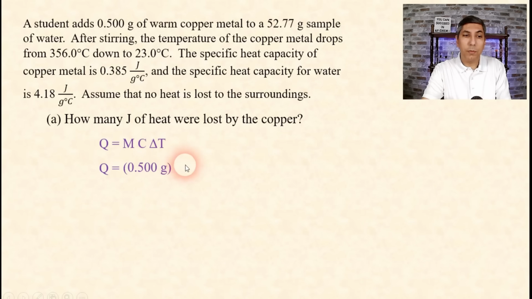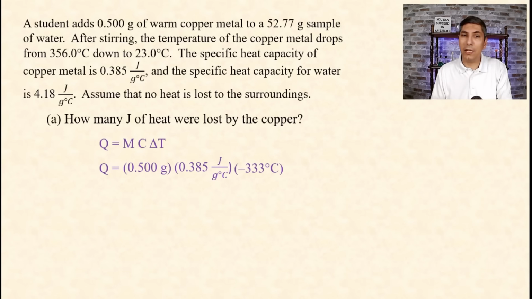Now C represents the specific heat capacity, and the problem says that that value for copper is 0.385 joules per gram degree Celsius. So that goes in for C. Now the change in temperature, it says it went from 356 degrees Celsius down to 23 degrees Celsius. So when you subtract that, you find that that's a drop of 333 degrees Celsius.